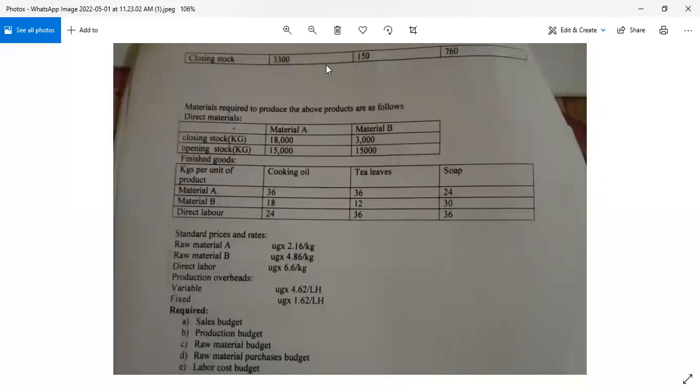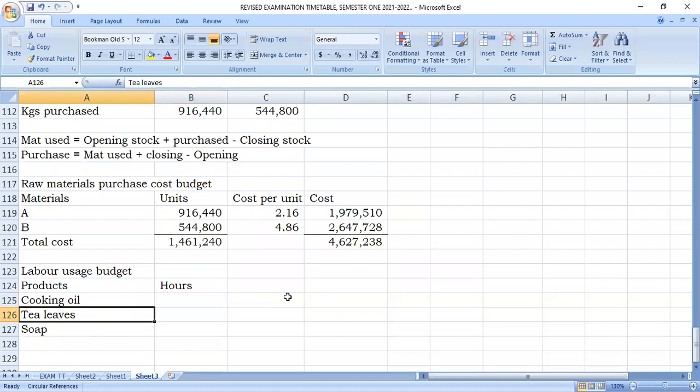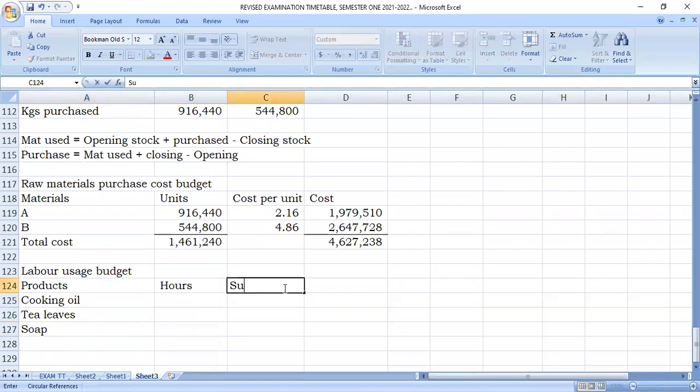So how many hours do you need to produce the units that you need for cooking oil? Okay, so summary here: for 1 unit of cooking oil, you need 24 labor hours.